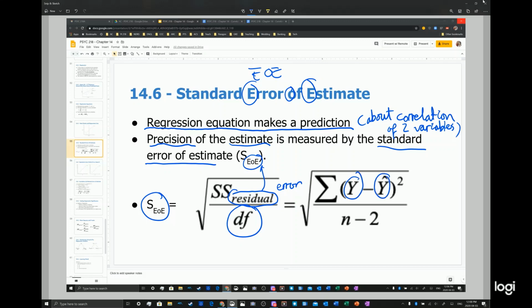So you got your y hat. This is your predicted y value, which you have before. And this is your quote-unquote actual y value in your data point. And we square that. Square error of estimate, which we know before.